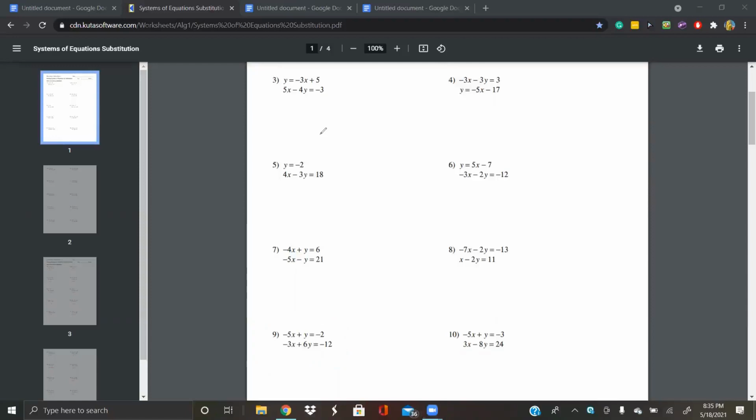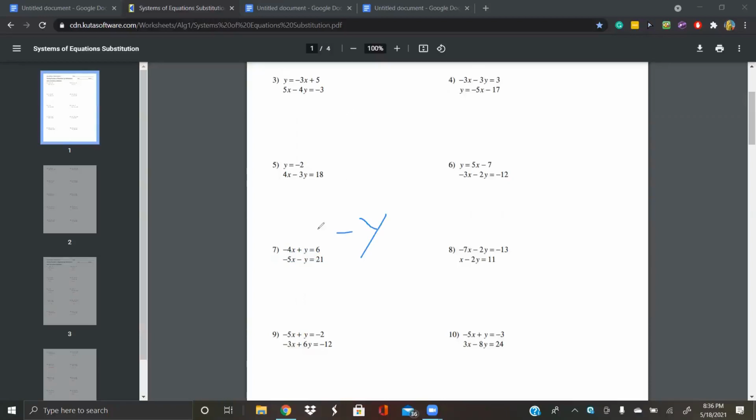Again, they didn't give us a slope-intercept equation, so we have to create one on our own. So we will use this problem. First we will do -y.